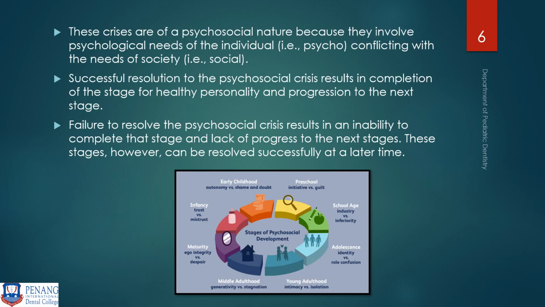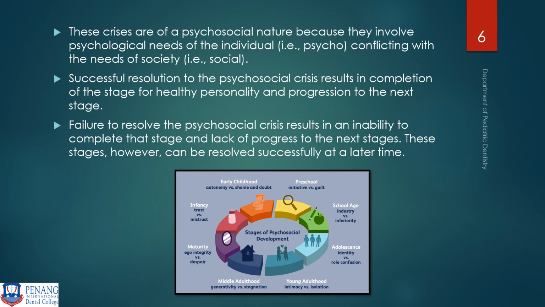The picture on your screen shows the stages of psychosocial development. It all begins with infancy, early childhood, preschool, school age, adolescence, young adulthood, middle adulthood, and maturity. And what you see below these are the psychosocial crises.